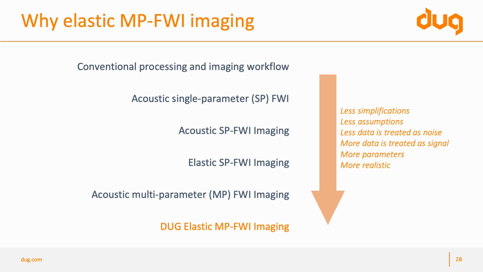This means as we move down this list, we are making less simplifications and less assumptions. As we touched on in the earlier part of this presentation, when we talked about primary and multiple reflections, as we move down this list, we also have less data being treated as noise, and therefore more data being treated as useful information. All these factors are the reason why Doug Elastic MP-FWI imaging produces superior results.